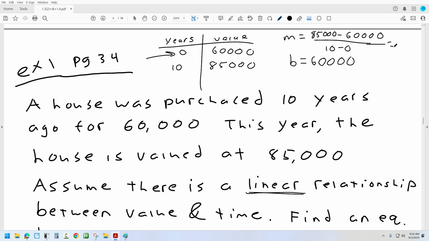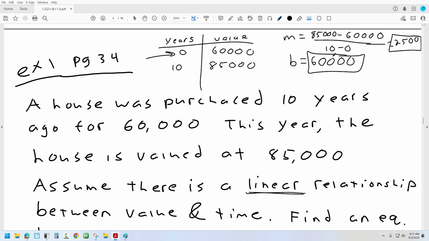So what's 85,000 minus 60,000 going to give me? 25,000, and then divide that by 10. 2,500. There's my slope. There's my y-intercept.